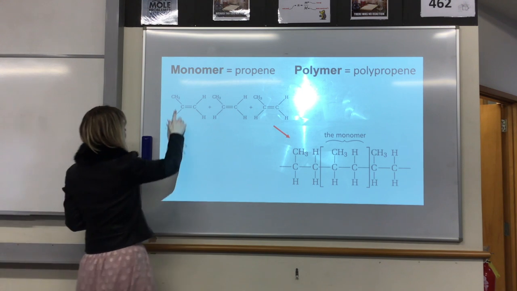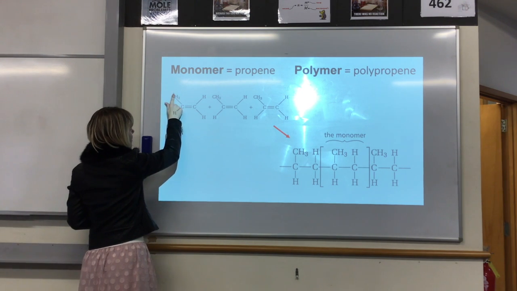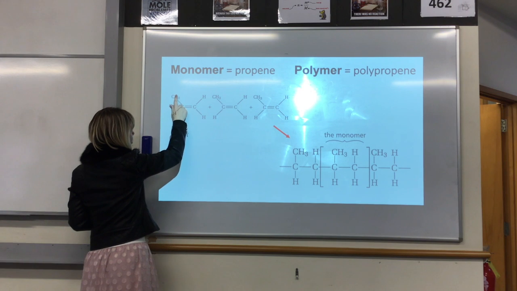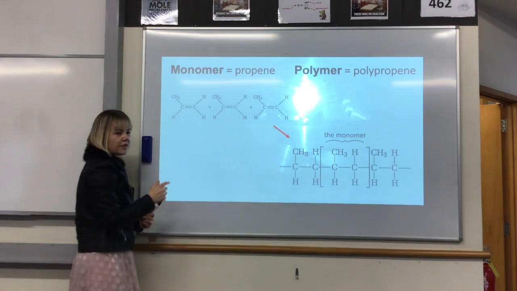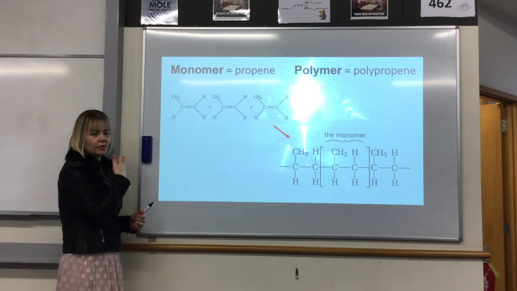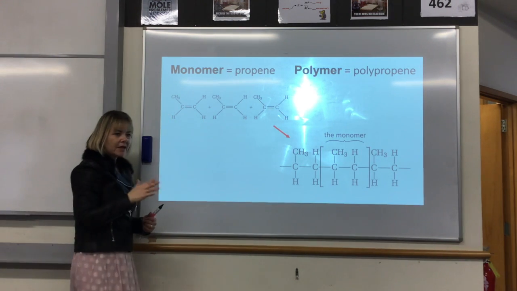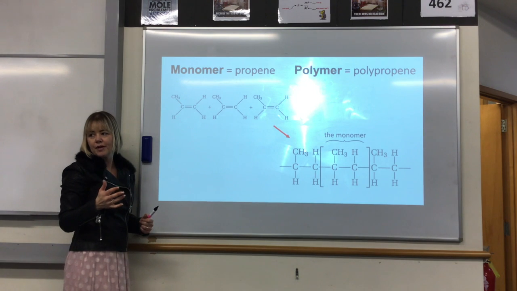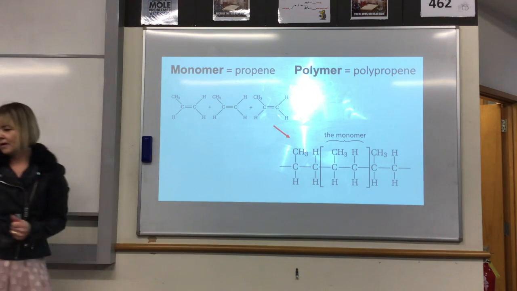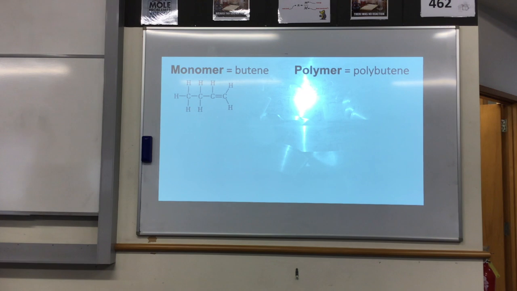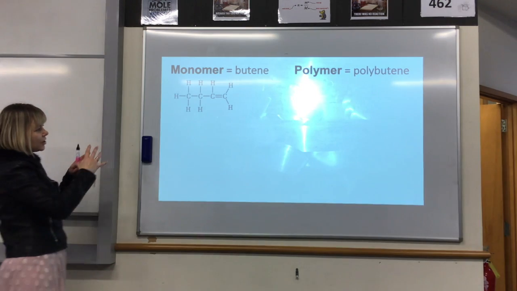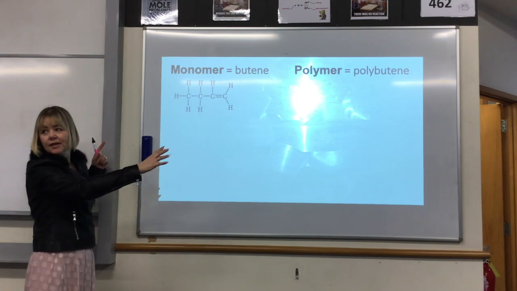Notice it's got the CH3 here, so off that carbon, CH3, H, H, H. So if you flipped back to the previous one, when I'd drawn it up, I put all my CH3s in those positions. It makes no difference. It's still polypropene. Right, so this is not how you would draw your butene because you can't draw the polymer section easily.